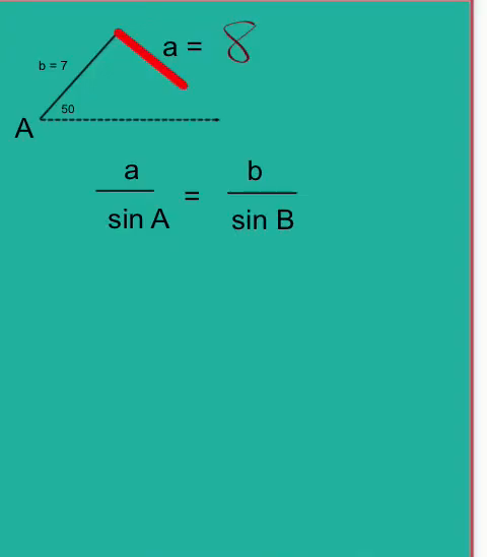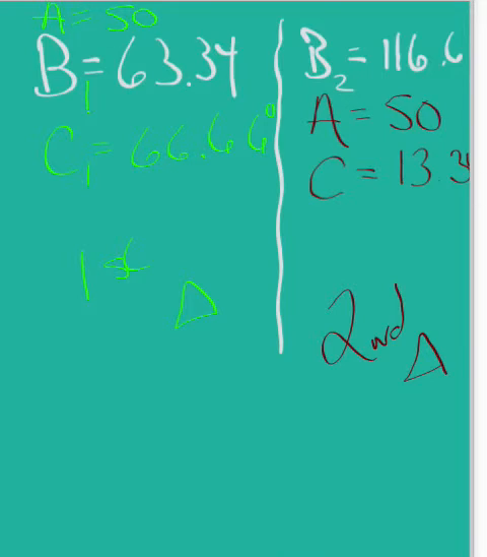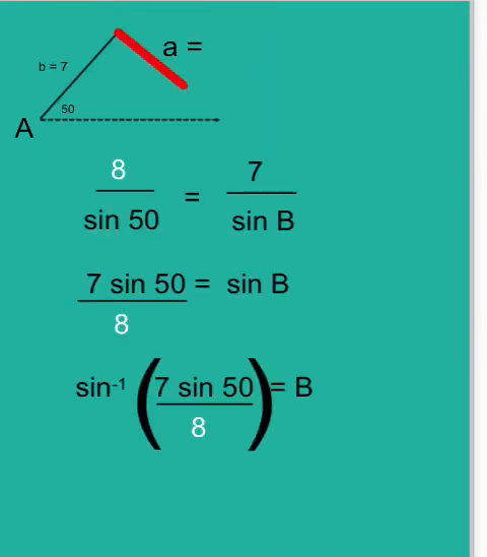Well, if I change that 6 to an 8, there are going to be some changes in my calculations as well. Because now I have 8 over sine of 50 equals 7 over sine of b, and so forth, and I can solve for b.